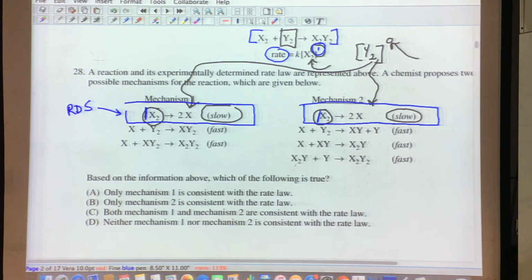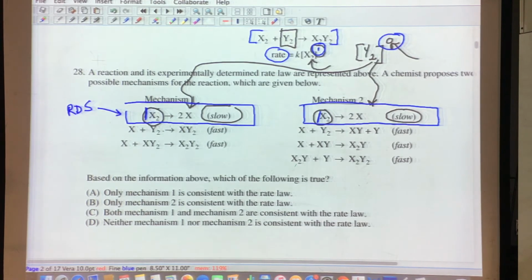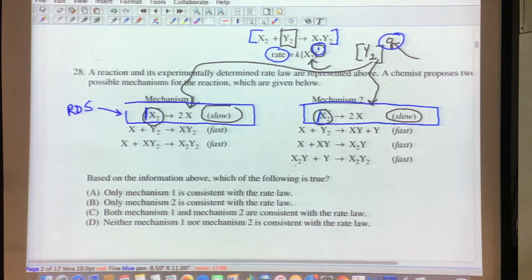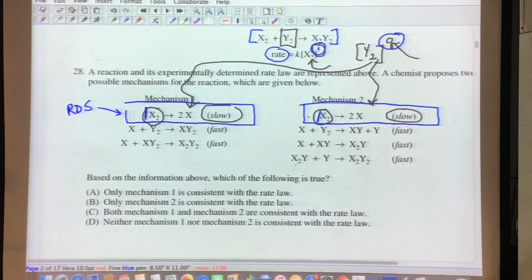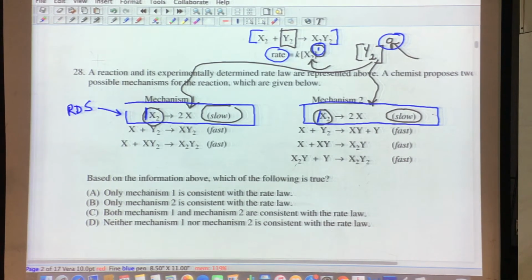So again, both of these mechanisms are showing the slowest step only having x2, not y2, because y2 is a 0 order, it's not written, so it's not part of the elementary step that the whole mechanism or reaction process depends upon. So I find the slowest step, and I use the coefficients of the slowest step because it's elementary.